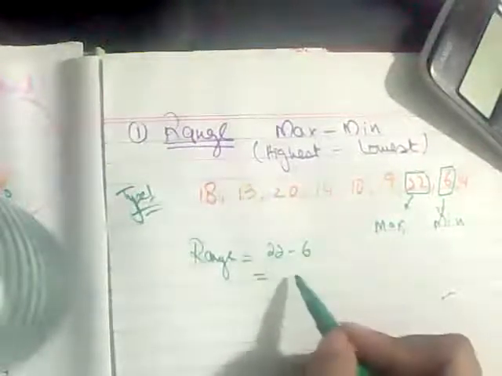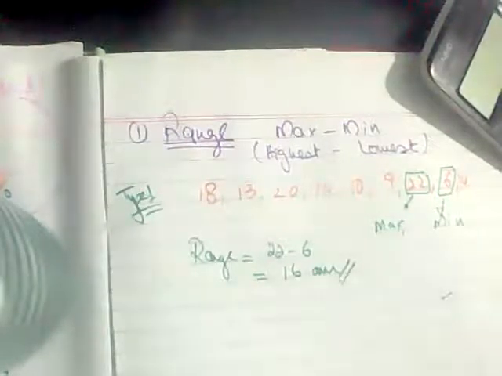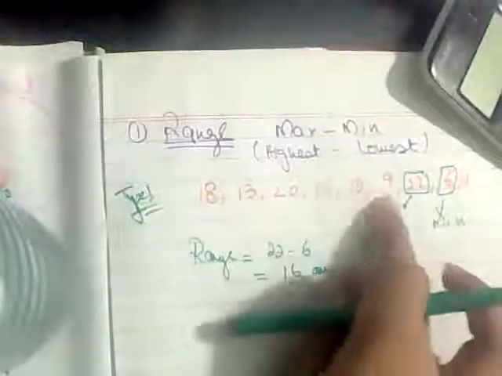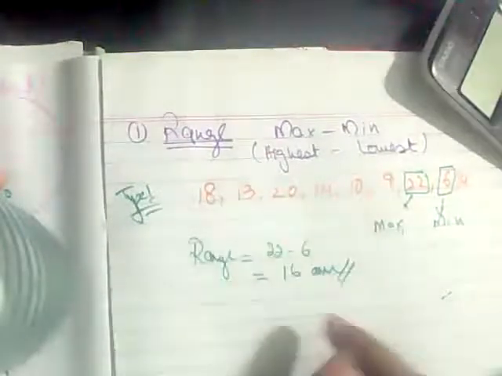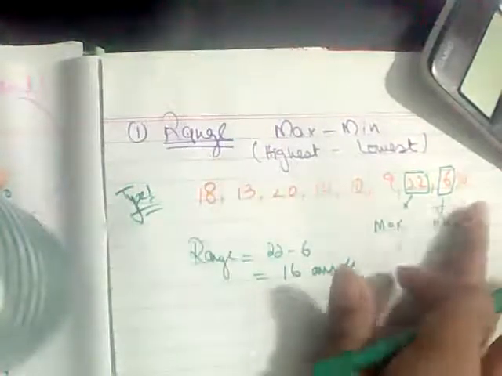So the range will be 22 minus 4, which is 18. Okay, so the range for this is 16 means there are not 16 values, total values are 1, 2, 3, 4, 5, 6, 7, 8, 9. But 16 shows that the range of the values is 16 in this data.